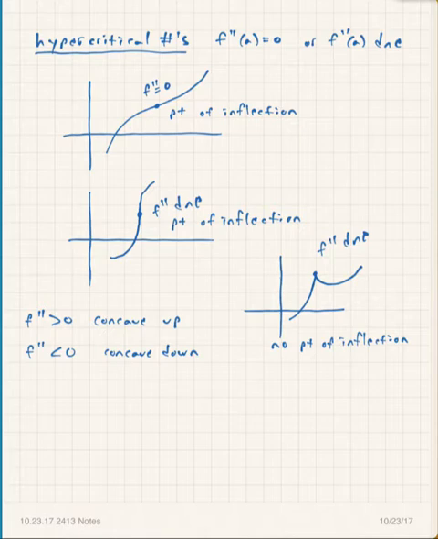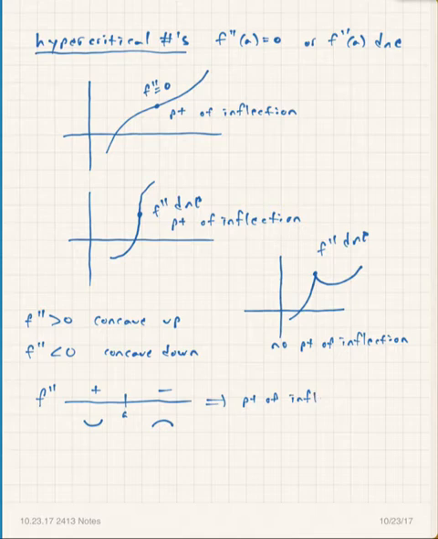All right, and when you get a change in the sign of the second derivative, so draw a number line out, kind of like I did for the first derivative. So let's say we have an a here, and the second derivative goes from positive to negative, then we see that the function goes from concave up to concave down, and you have a point of inflection. Right, at a.